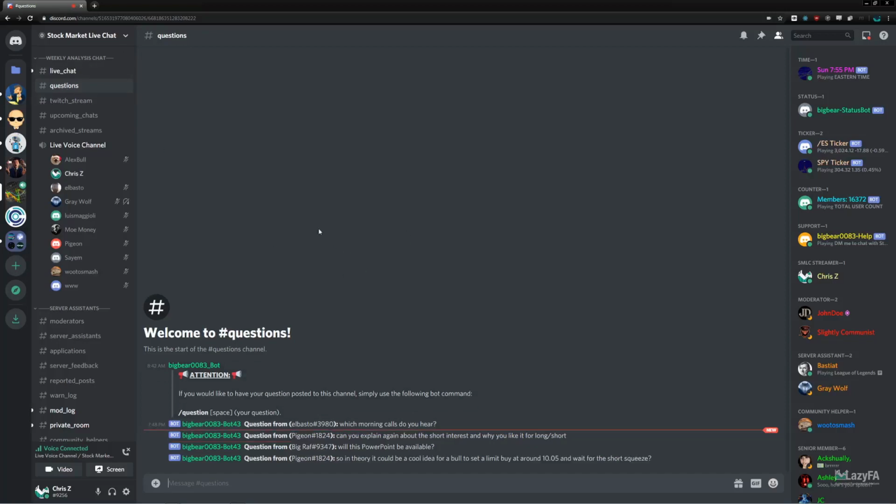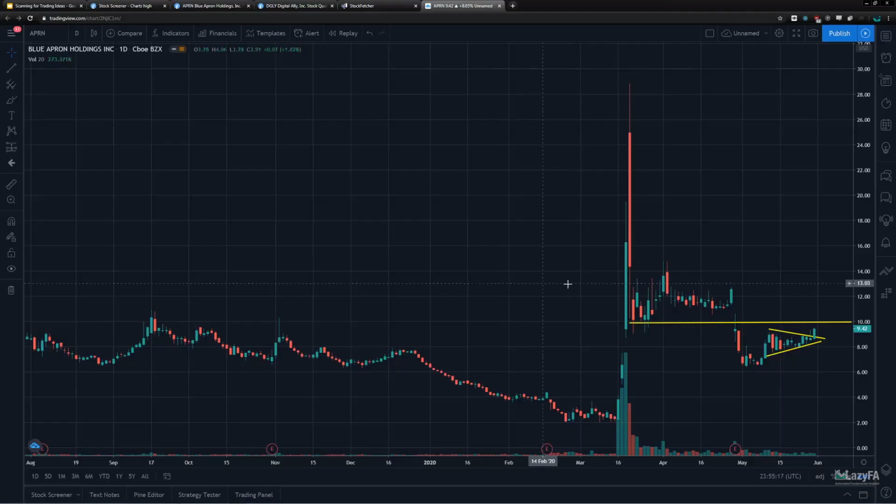Okay, cool. So in theory, it could be a cool idea for a bull to set a limit buy around 10.05 and wait for the short squeeze. Generally, you don't want to try to predict this stuff. If a short squeeze happens on one of these stocks, it's going to be a humongous move. Look what happened back in March.